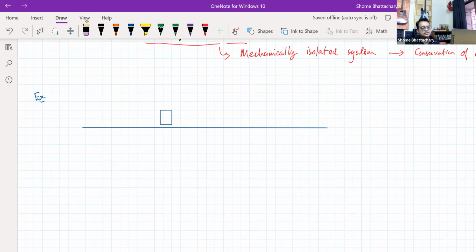Let's take the case of two objects which have been given some charge.